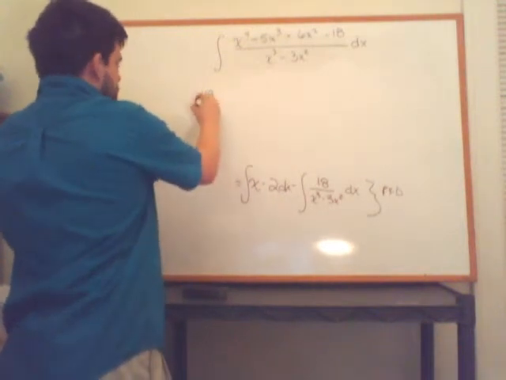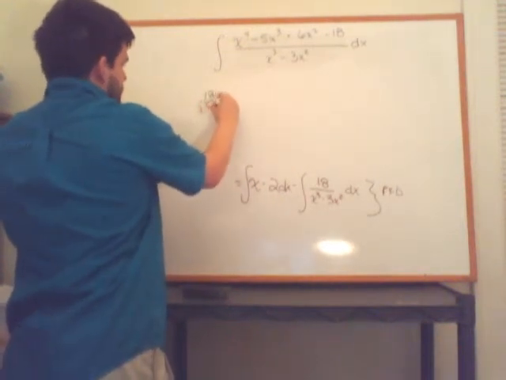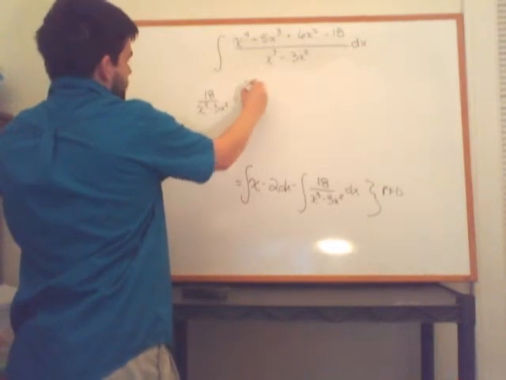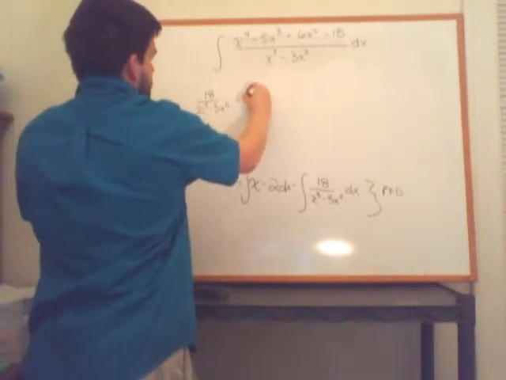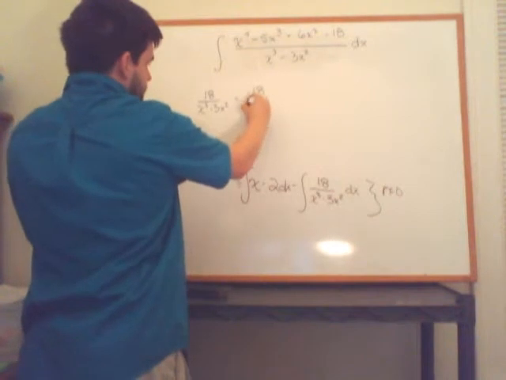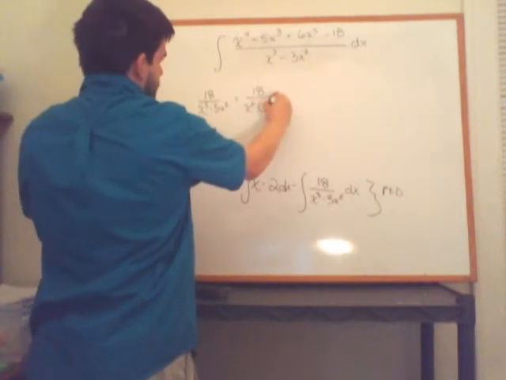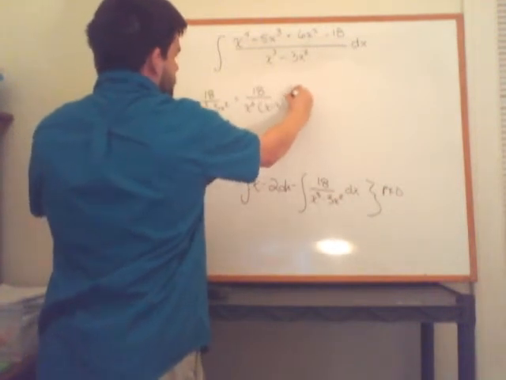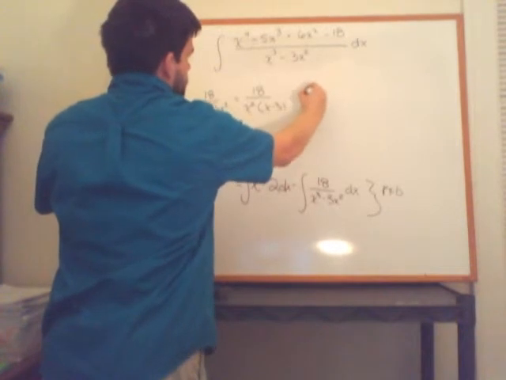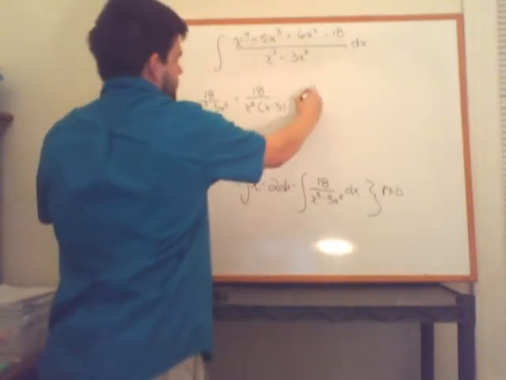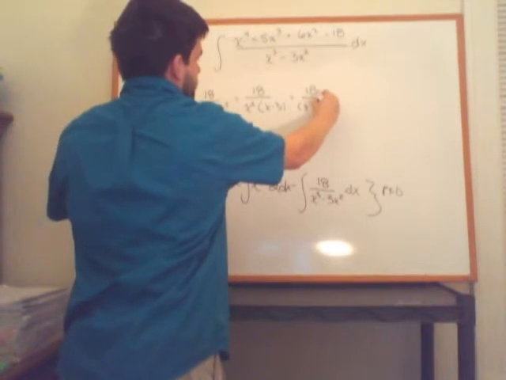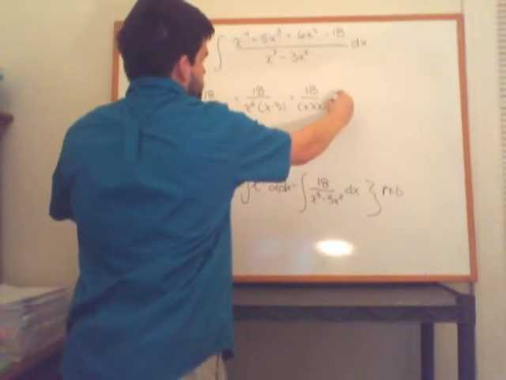So we have x cubed minus 3x squared. I'm going to fully factor this: the greatest common factor is x squared times the quantity x minus 3. I'm going to go one step further, guys, and factor out this x squared, so this is x times x times x minus 3.